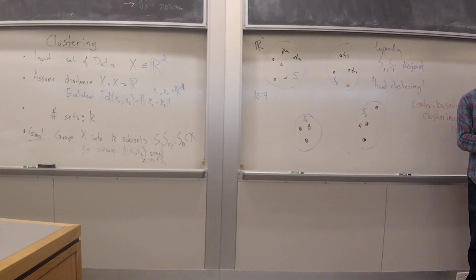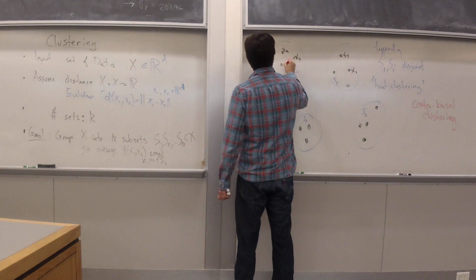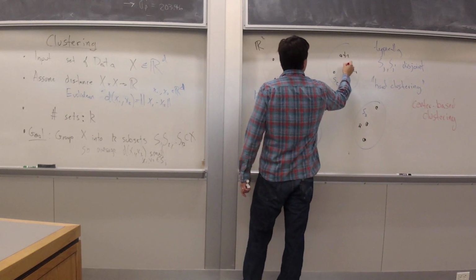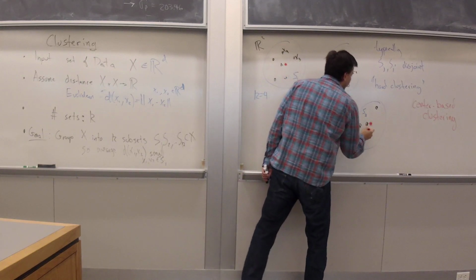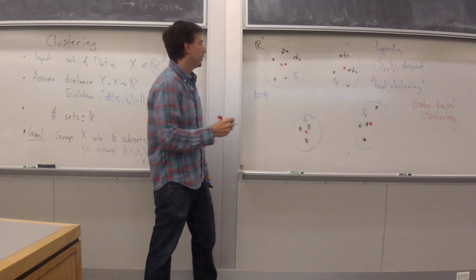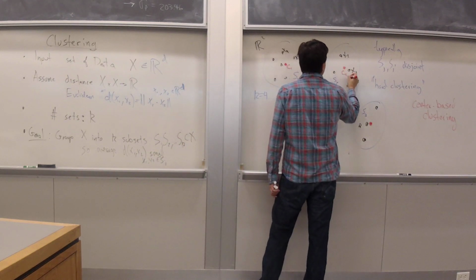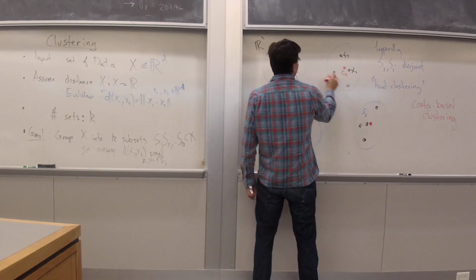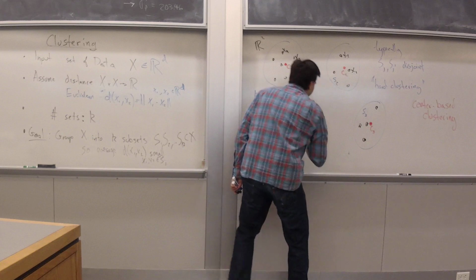And so what this basically does is, in addition to these circles, it's going to identify these points which are centers. They may or may not be points in the data. So I'll call this C1, C2, C3, and C4.